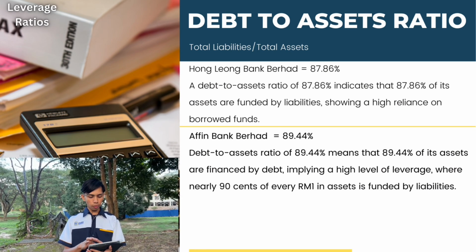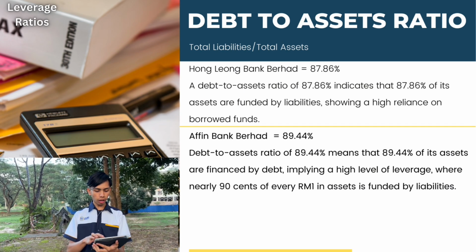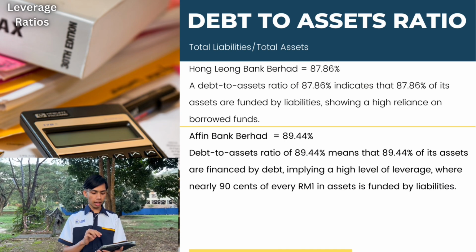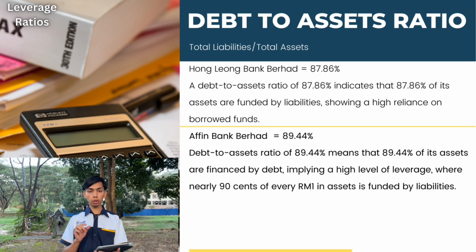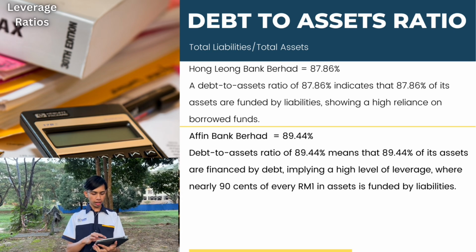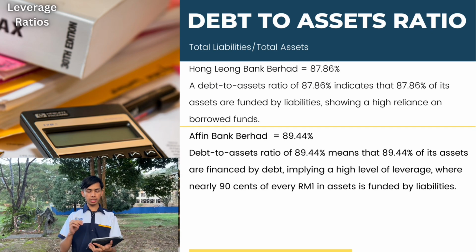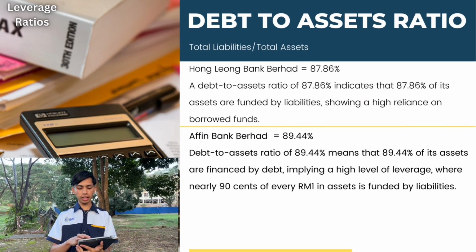So for the Hong Leong Bank, it has 87 cents to cover its liability, and for the Affin Bank almost 89 cents to cover its liability. So it shows that Affin Bank has a higher debt to cover its liability in 1 ringgit of asset.